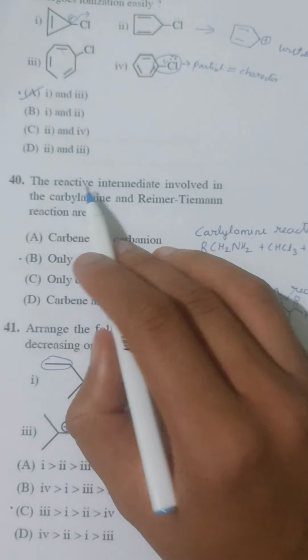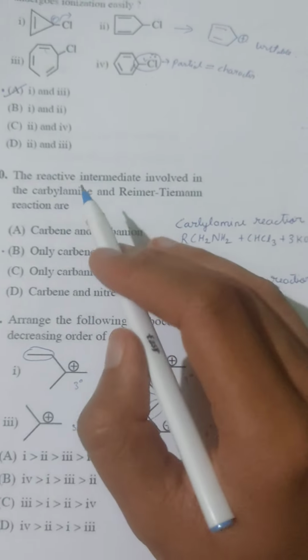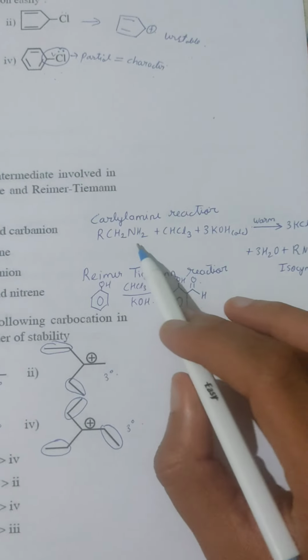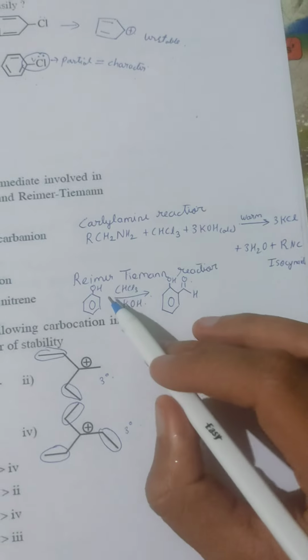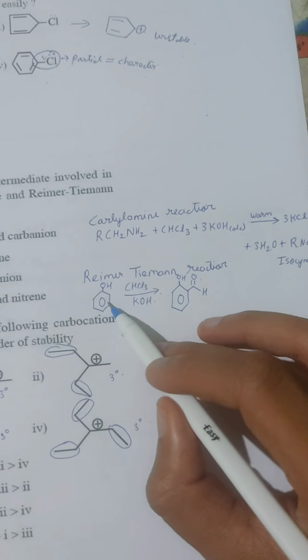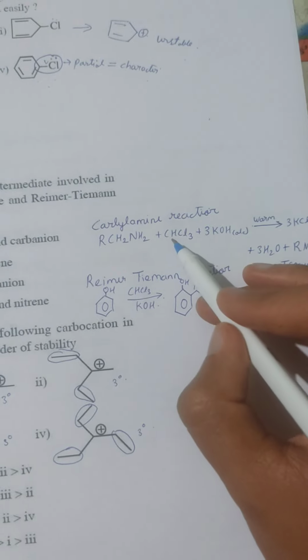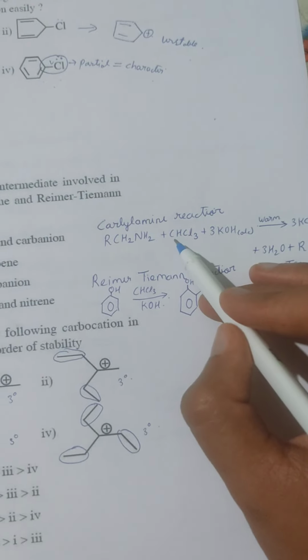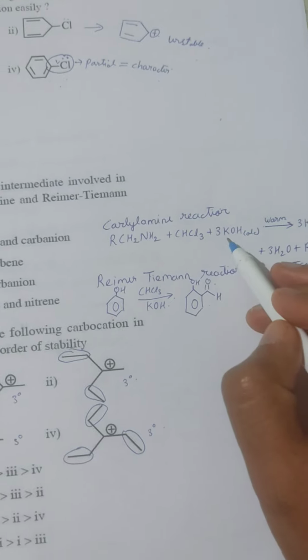Now the reactive intermediate involved in the carbylamine and Reimer-Tiemann reactions are. So the carbylamine reaction is conversion of primary amine to isocyanide, and Reimer-Tiemann is conversion of phenol to salicylaldehyde. For both, the common reactants are CHCl3 in presence of alcoholic KOH.